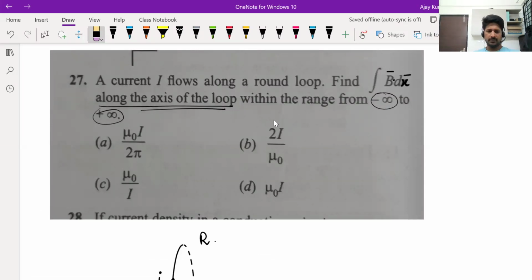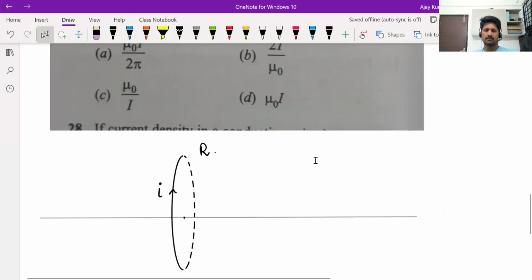If you cannot apply Ampere's law, what other way do you have to integrate B dot dl? Anyone?